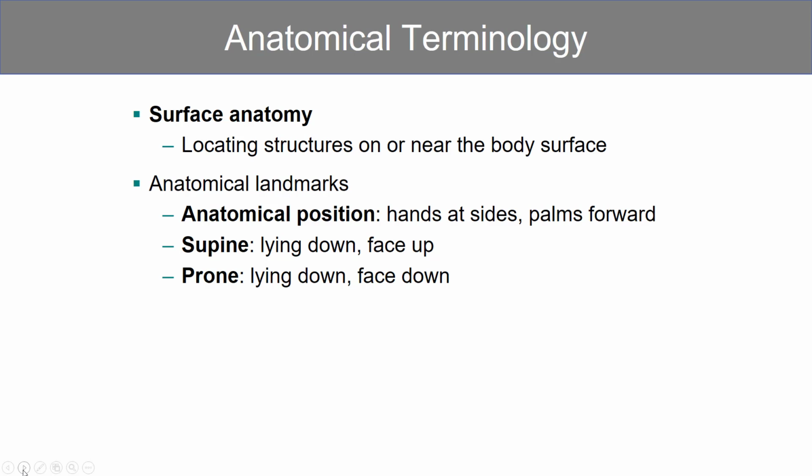If they're lying down face up, that's referred to as supine. And if they're lying down face down, this is referred to as prone. I always remember supine is on your spine, regarding lying down on your back, so you're face up.